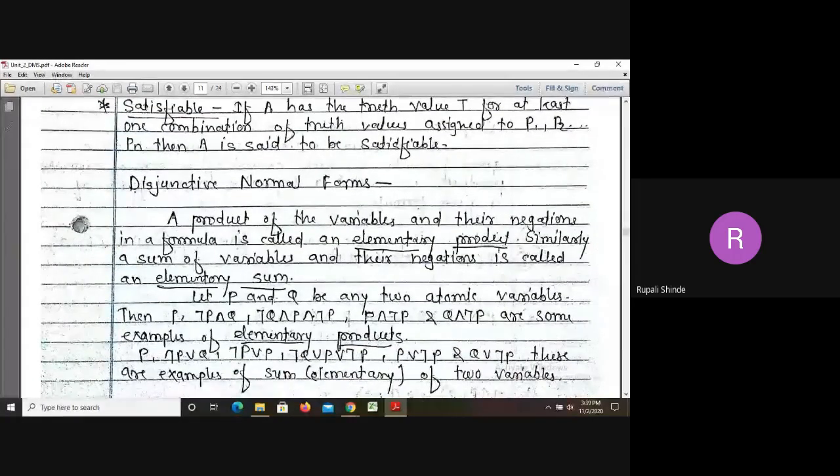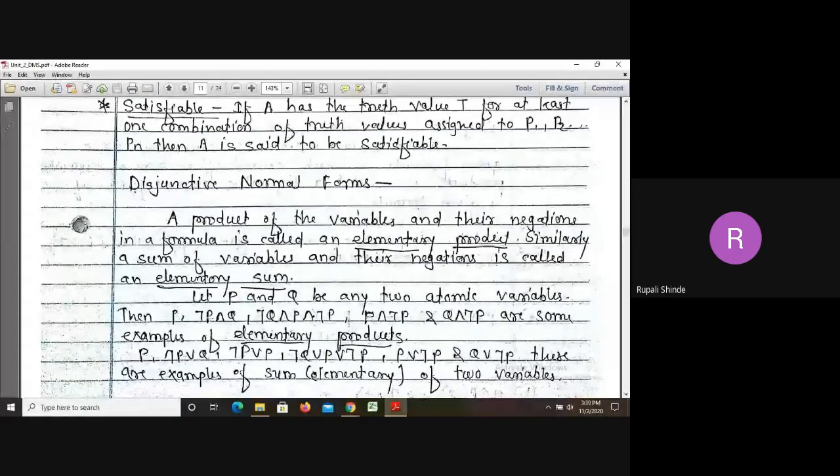So if you consider any two variables P and Q, then P, negation P and Q, negation P and P, and negation P, Q and negation P are called elementary products. Why? Because all these variables are connected together by the product symbol.